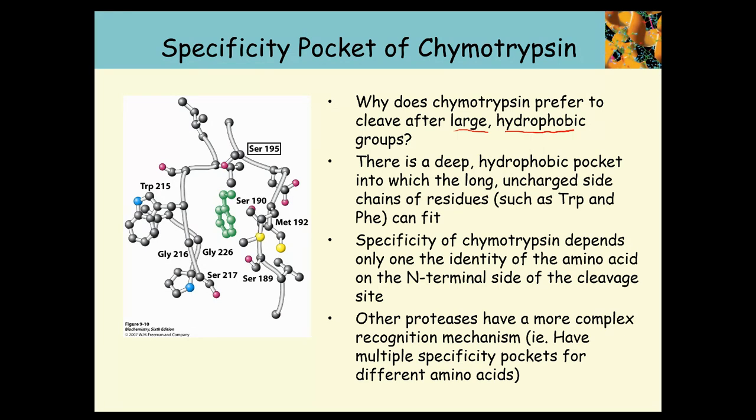And that's because within the chymotrypsin active site, there is a large deep hydrophobic pocket where the hydrophobic group on the peptide that's being cleaved can fit. So if the R group is like phenylalanine, tryptophan, then there's a deep hydrophobic pocket, which means that pocket has hydrophobic residues that complement that.